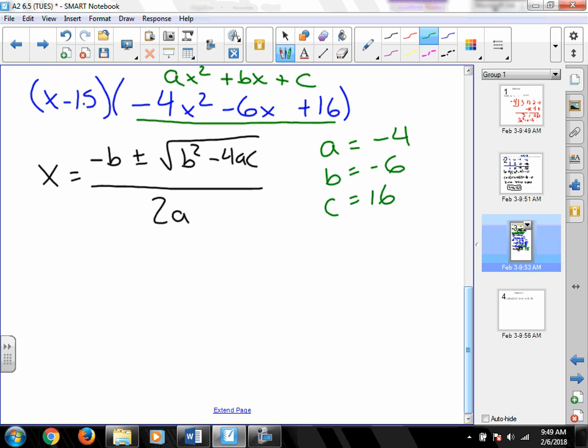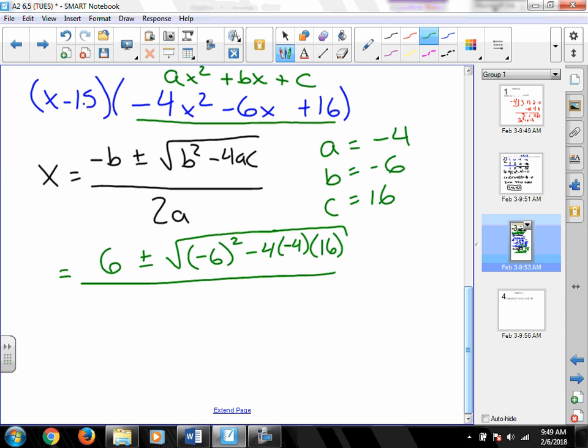And from there, if I have a negative 6, what do I really have? Positive 6 plus or minus the square root of negative 6 in parentheses squared minus 4 times negative 4 times 16, all over 2 times negative 4.